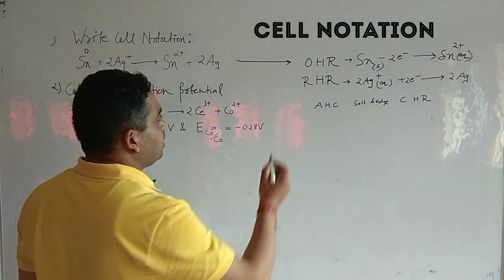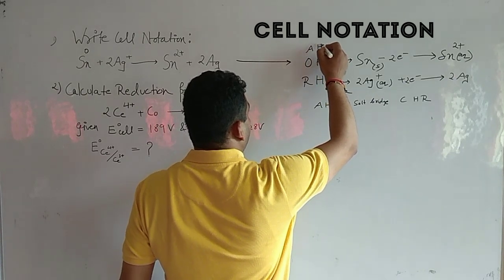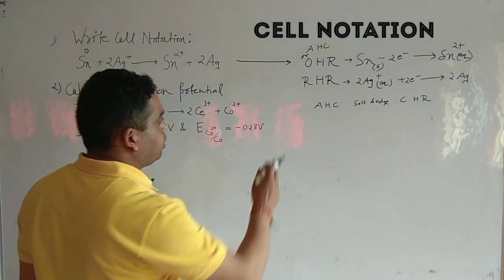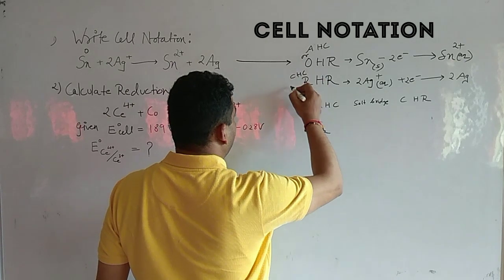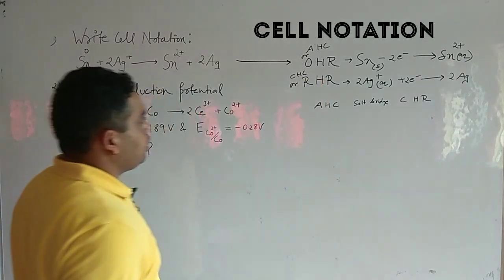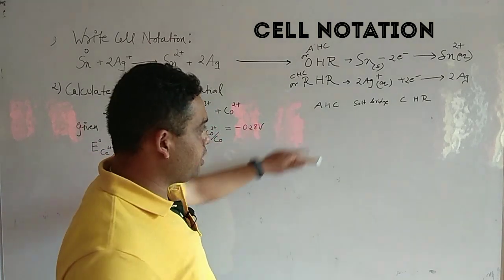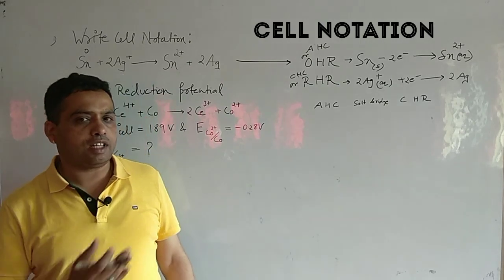In the last class, I also told you this oxidation half reaction occurs at the anode half cell, and at the cathode half cell, your reduction would occur. So this is your oxidation half cell. In the oxidation half cell, you will write the metal first. I have explained all this in my last lecture.